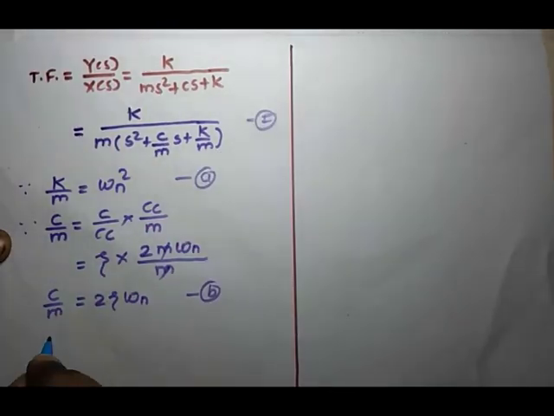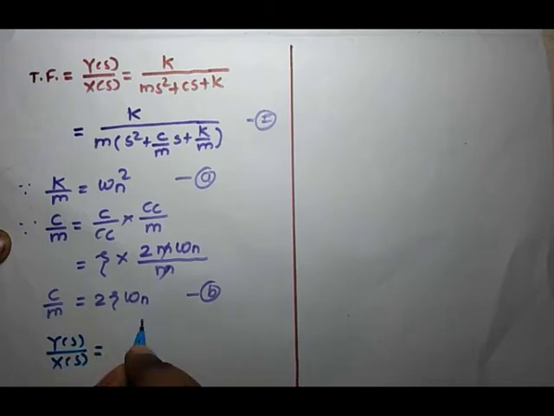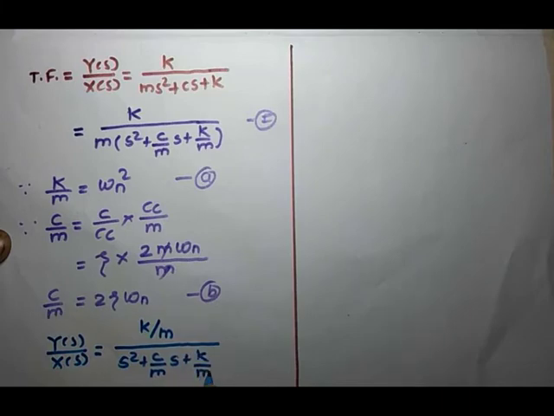So what we'll have, Y(s) over X(s) is equal to k upon m over s square plus c upon m s plus k upon m. Then we'll substitute a and b in this equation.